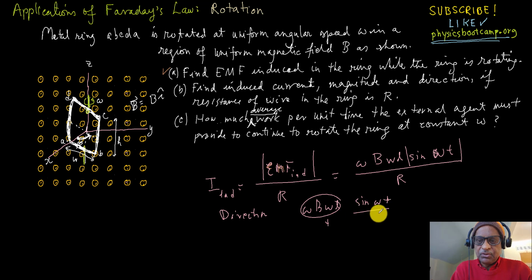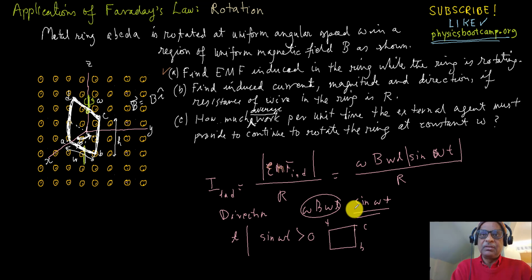So there's a time such that sine omega t is greater than 0. Then the direction we have talked about is BC. In the BC direction, the dl is that way, and that means the electric field is that way.